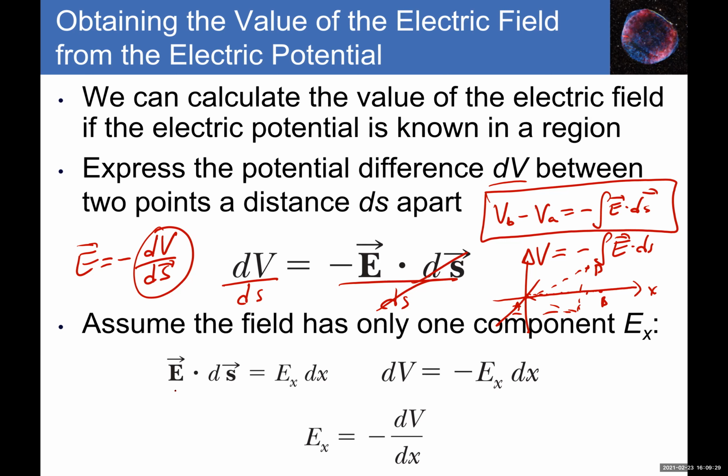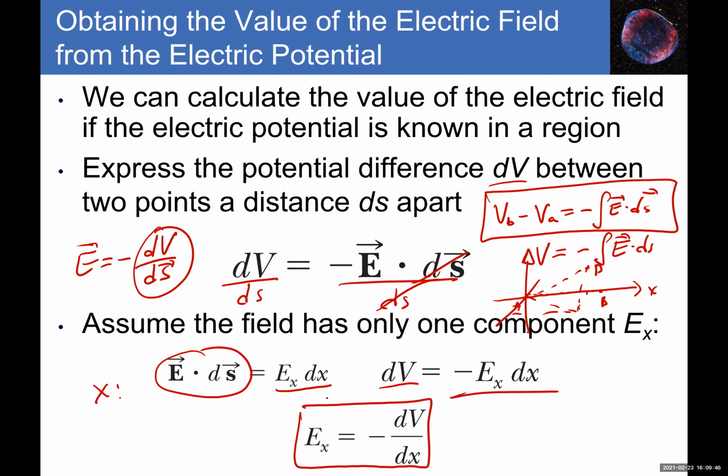So in a way, this E dot ds can be Ex dx. In that case, this is just horizontal, so dV equals negative Ex dx. Then divide both sides by dx, and we get only the x component of the electric field by looking at how the potential changes as a function of horizontal position. Okay, so Ex equals negative dV over dx.